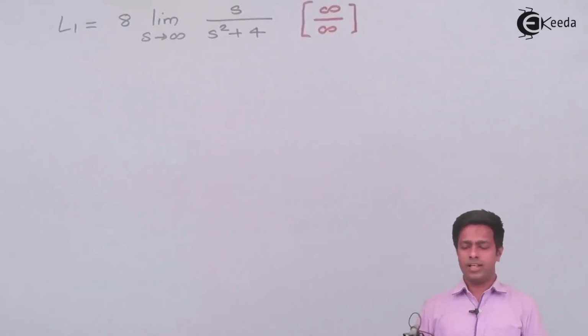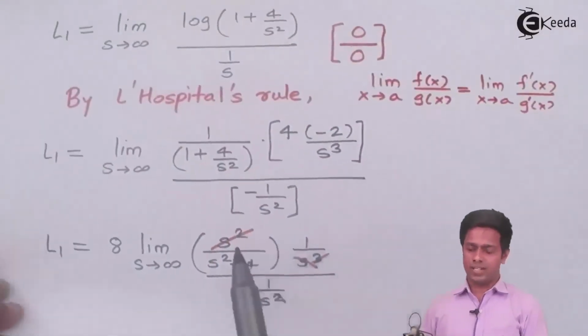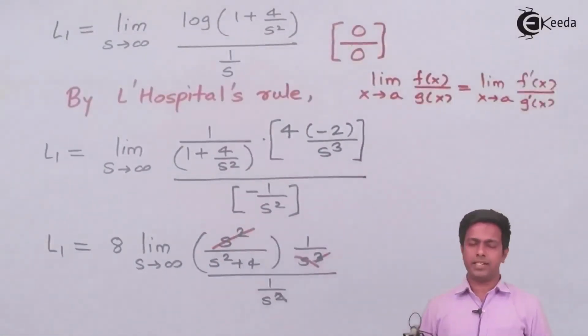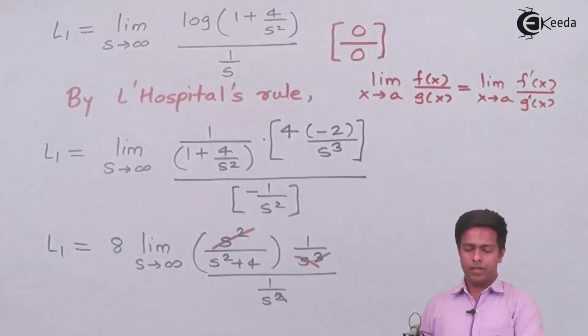And guys, don't worry, this L'Hopital's rule will remain same. I'll be using this property again. That means I'll be differentiating numerator and denominator separately. So let's do that.